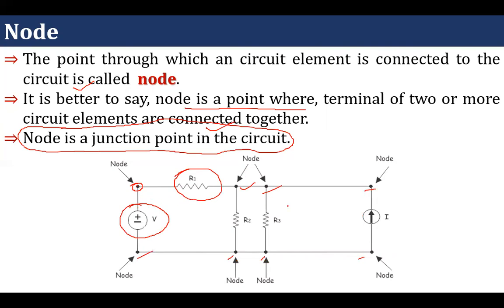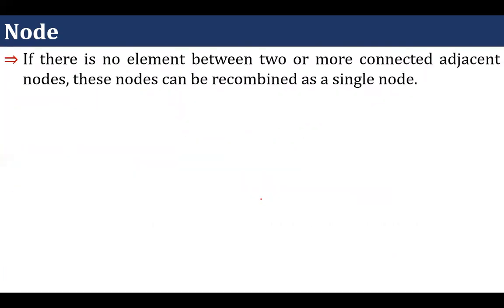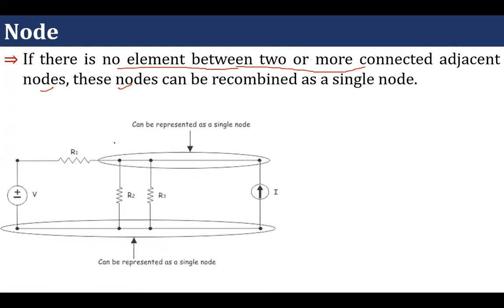One important point at this place is, if there is no element between two or more connected adjacent nodes, these nodes can be recombined as a single node.